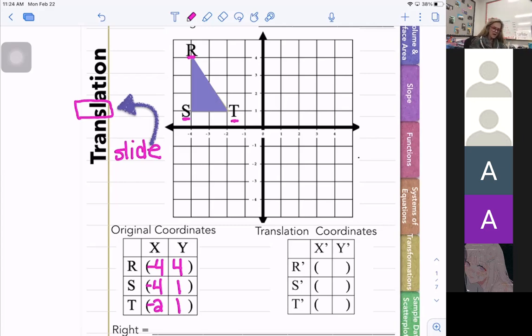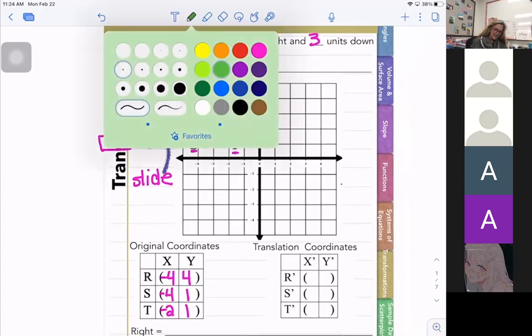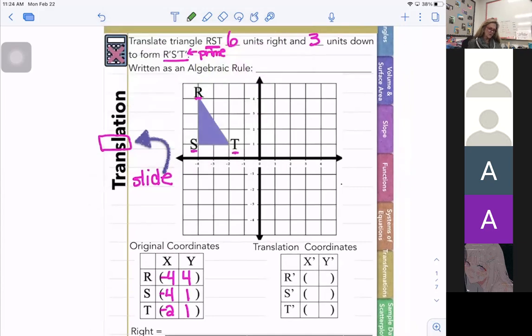Now I'm going to look back at what I have, and it says I want to slide my figure because I'm translating. So I'm going to slide my figure 6 units to the right and 3 units down. If I could take my finger and just move that shape down, I would.